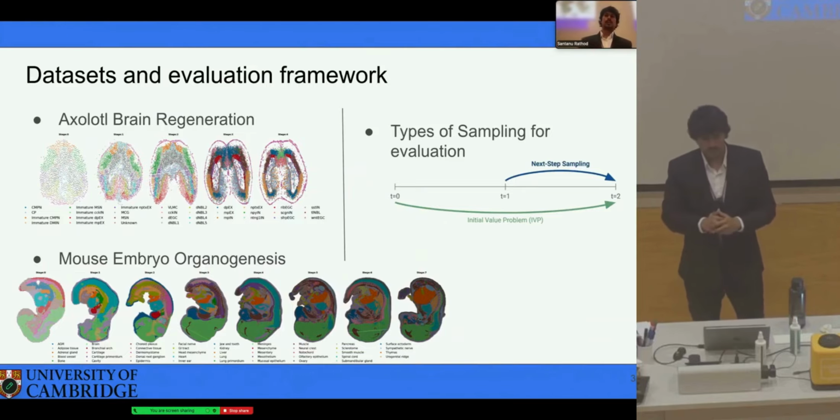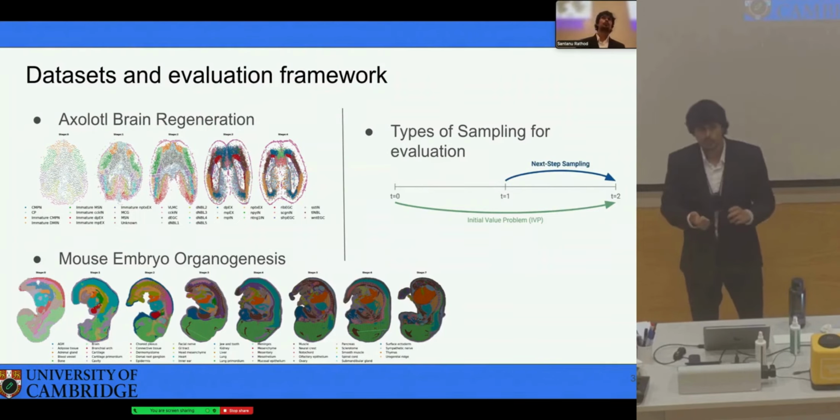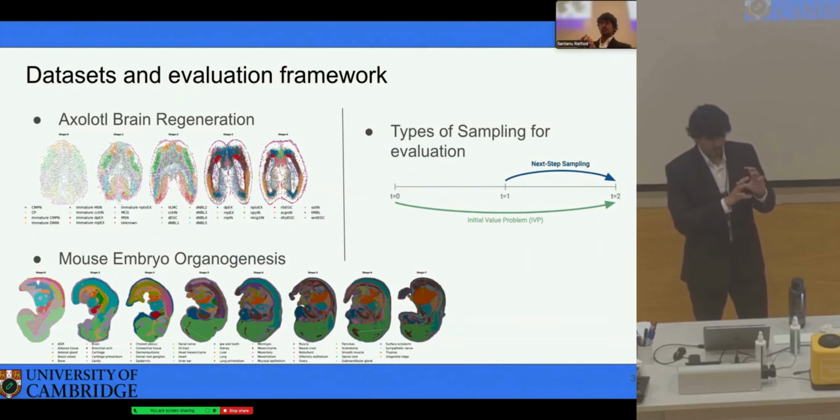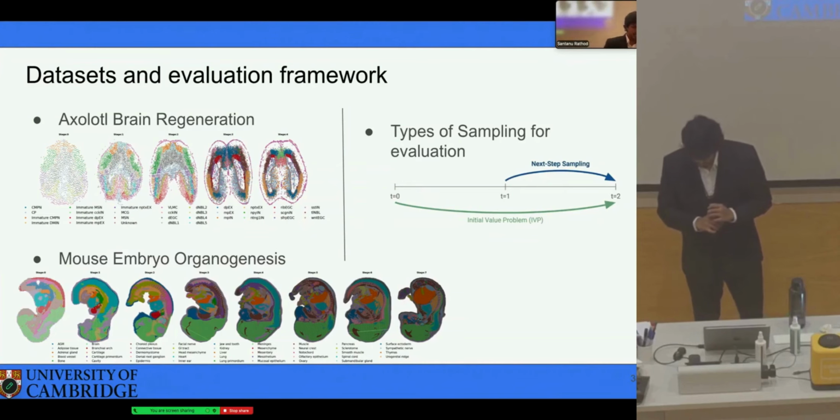First is the axolotl brain regeneration data set, which is a spatially resolved data set for a salamander brain that was injured, and how that injured brain is healing over a period of time. And the second is mouse embryo organogenesis, which tells you how a mouse embryo evolves over a period of time into different organs, so to speak.